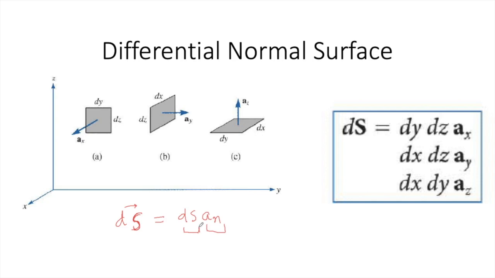So what is this an basically? This an is a unit vector normal to the surface. Now, which surface are we talking of? It depends. This direction depends upon which surface we are talking of. And ds obviously is the magnitude.